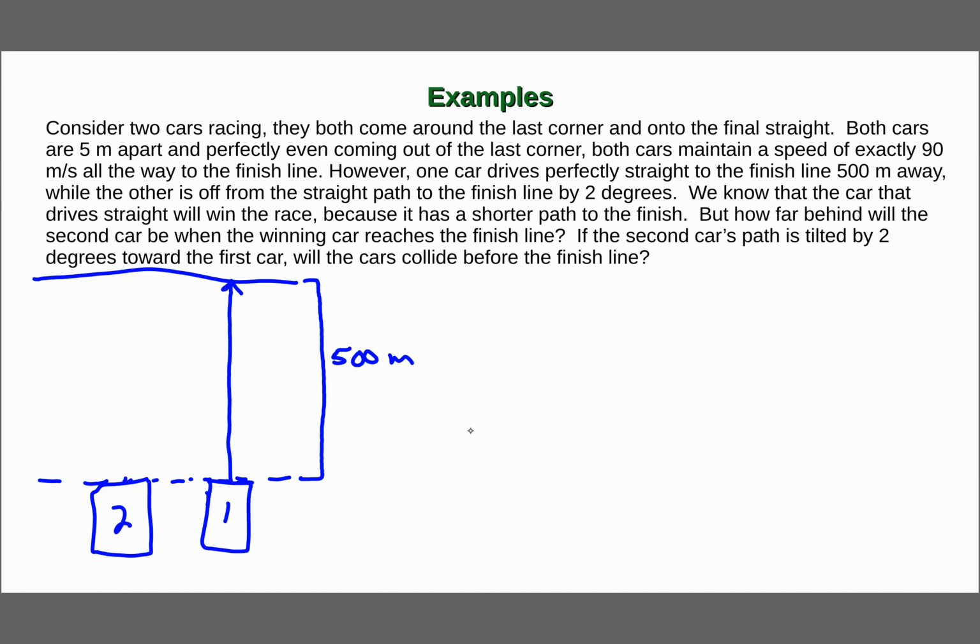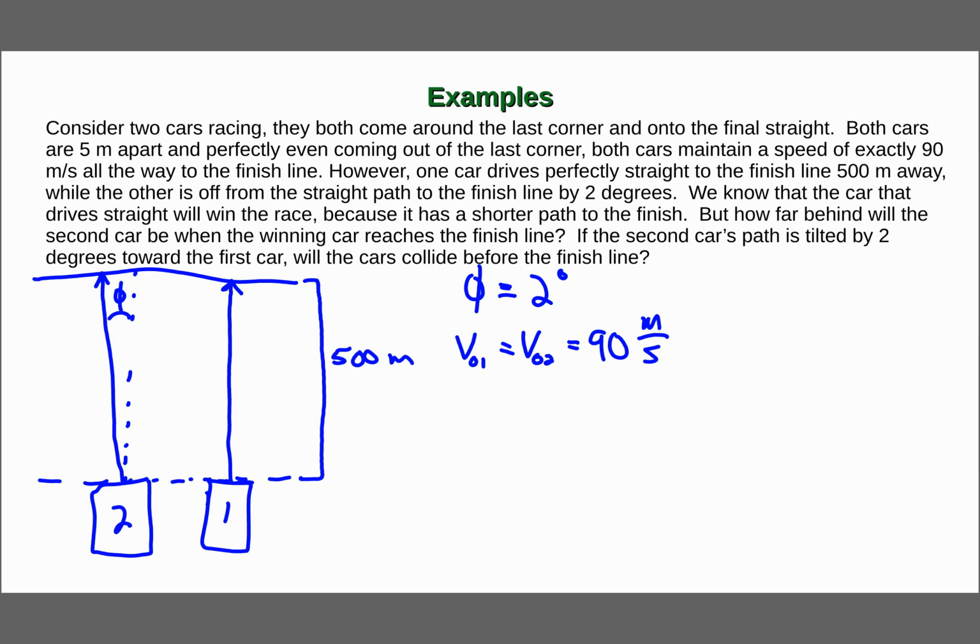Car 2 is going to not drive straight there, but actually be off by an angle phi, where phi equals 2 degrees. V01 equals V02 equals 90 meters per second.